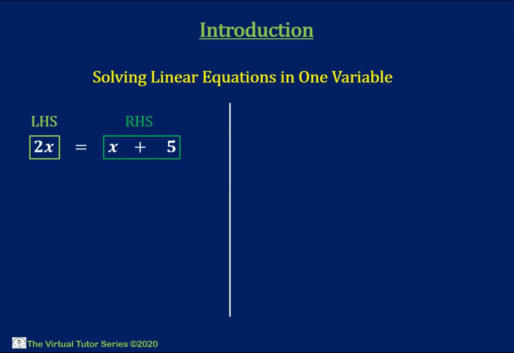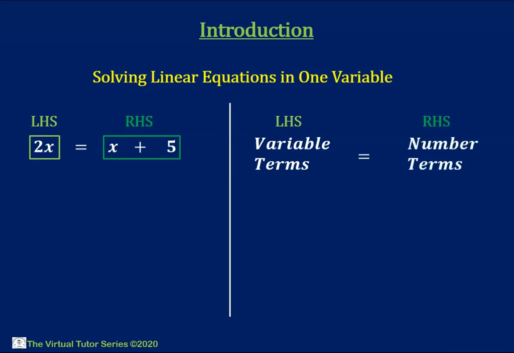The general rule of thumb in solving any equation is to group all the letter or variable terms on one side of the equal sign, normally on the left-hand side, and the number terms on the other side of the equal sign, normally on the right-hand side.